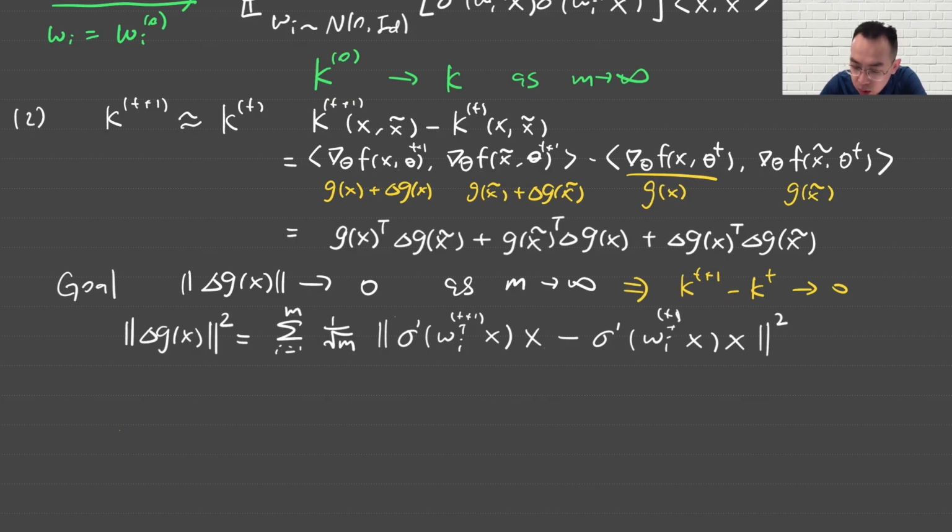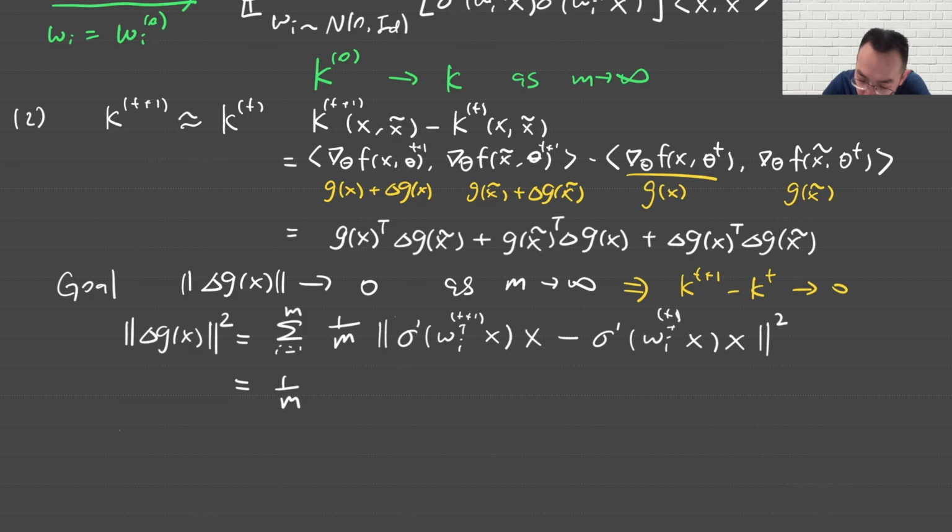Okay, so actually, we should also square this 1 over square root of m, right? So that gives us 1 over m. Okay, so let's just simplify this expression a little bit.